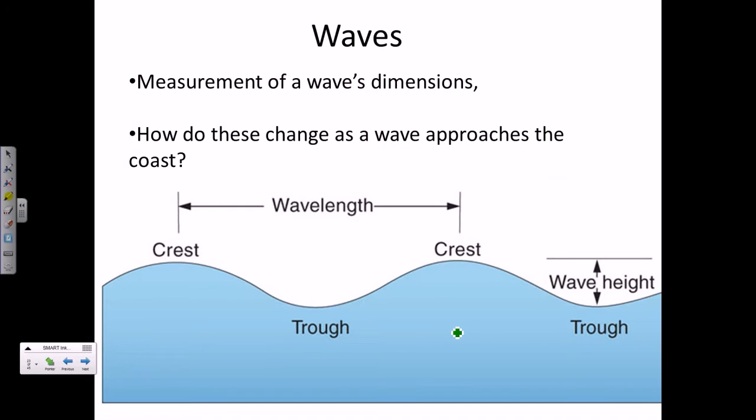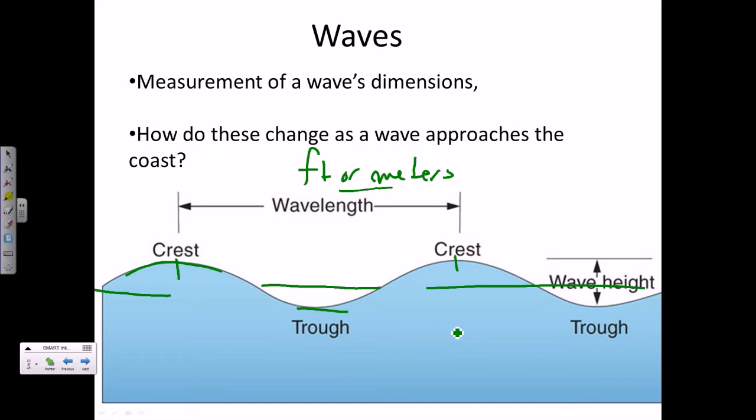The wave itself is constructed with the highs above mean sea level, and we've talked about tides already, and the lows, which are below mean sea level. The wave depth is a function of the wavelength. The wavelength can be measured in meters or feet, from crest to crest or from trough to trough, so it doesn't really matter.